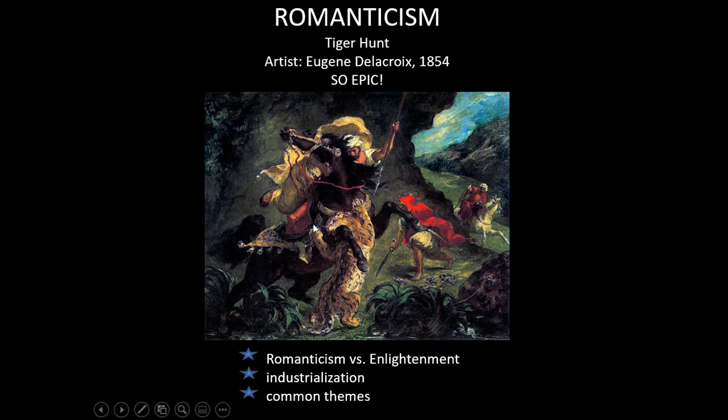This tiger coming up and gnawing on this horse's leg. So epic. This is the kind of stuff that Romanticism is talking about. And it really appeals to subjective experience because emotion and fantasy mean different things to different people, and we react to them in very personal ways, which is why we are attracted to this sort of literary genre.